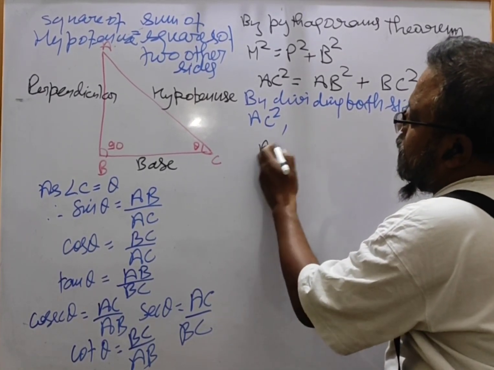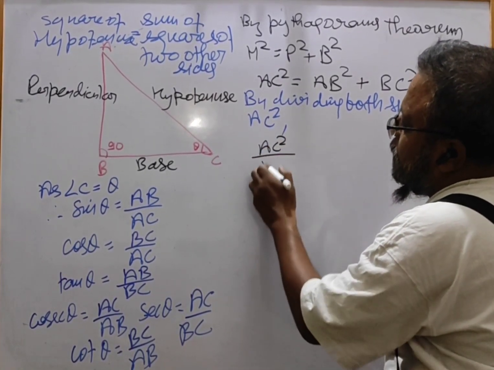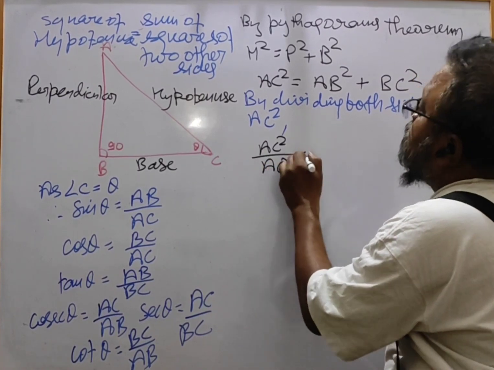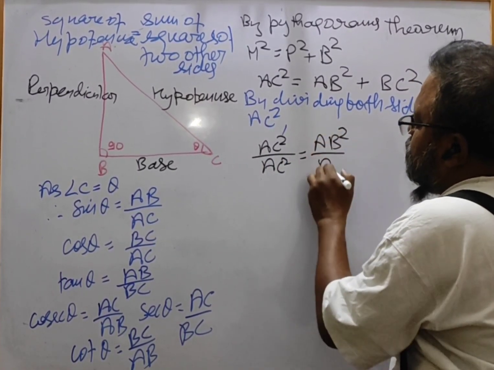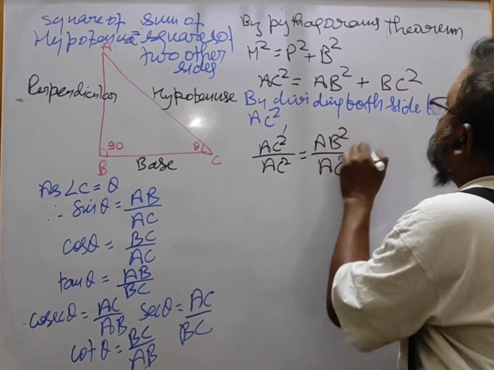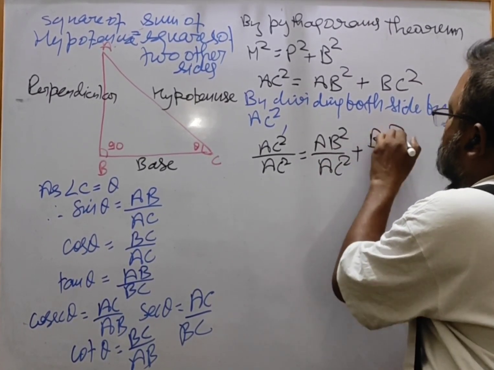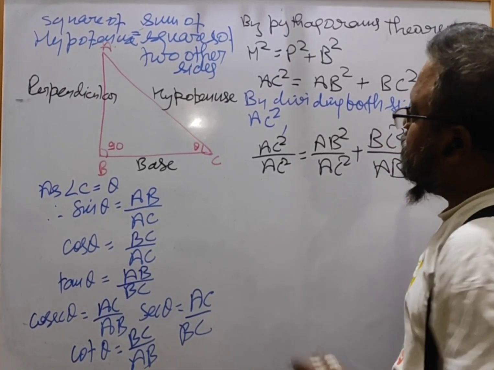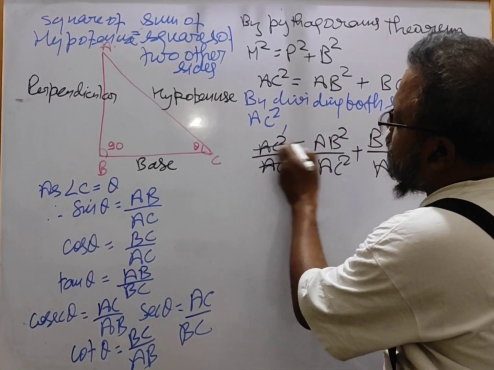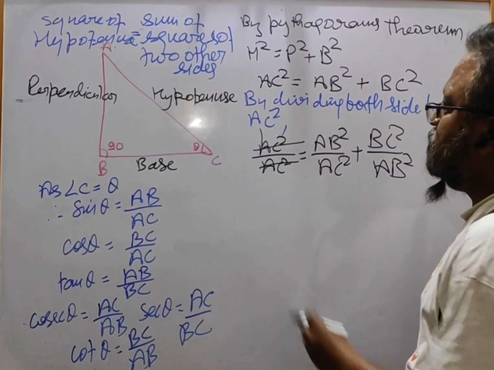AC square upon AC square is equal to AB square upon AC square plus BC square upon AB square. Fine. This AB square and AB square is cancelled out. This is 1.